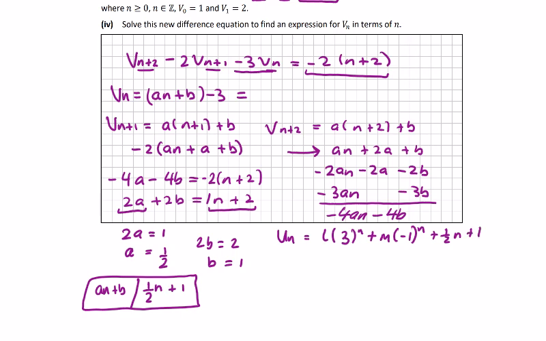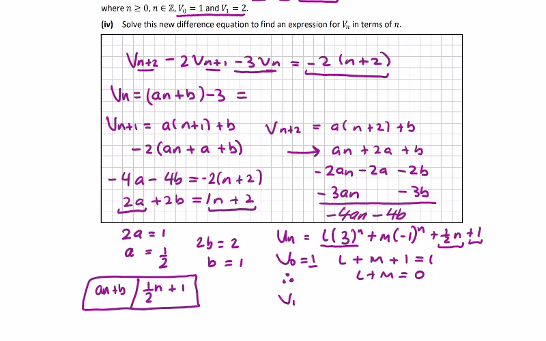So what are my values for it? They're the same here. v0 is equal to 1. I've changed it to v, but v0 is equal to 1. Therefore, anything to the power of 0 is equal to 1. So we're going to get L plus m. And then n is 0, so this is going to be 0, plus 1 equals 1. So that gives L plus m being equal to 0.